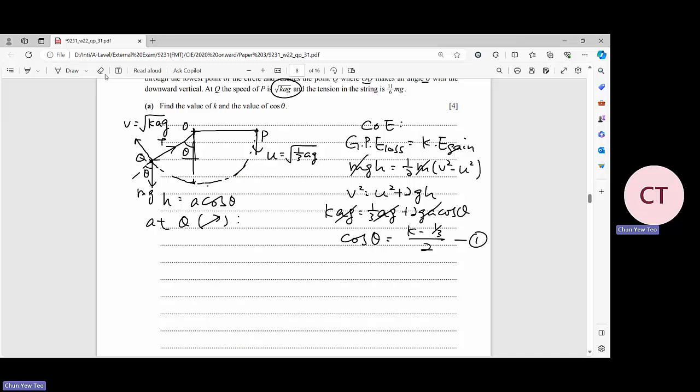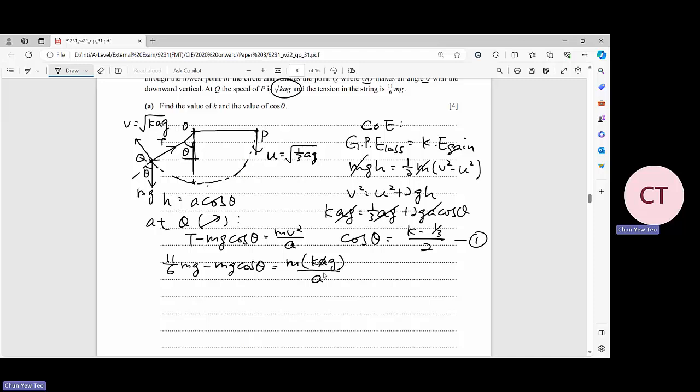So if you resolve the forces at Q, you will have T minus mg cos theta equal to mv square over a. And T is given as 11 over 6 mg, so 11 over 6 mg minus mg cos theta is equal to mv square over a.